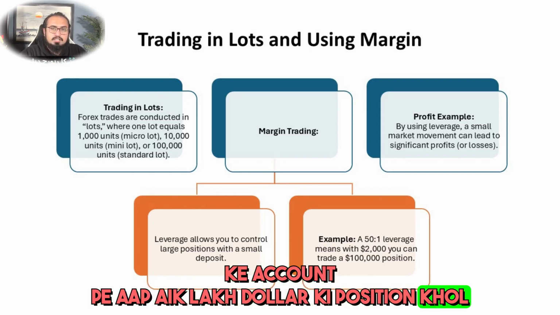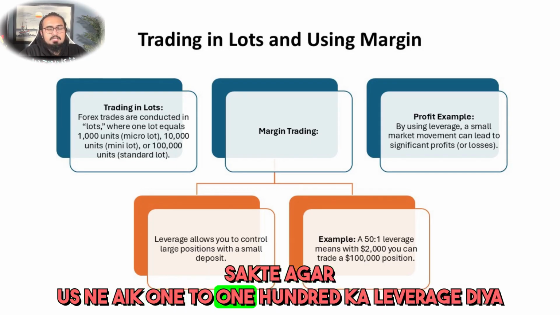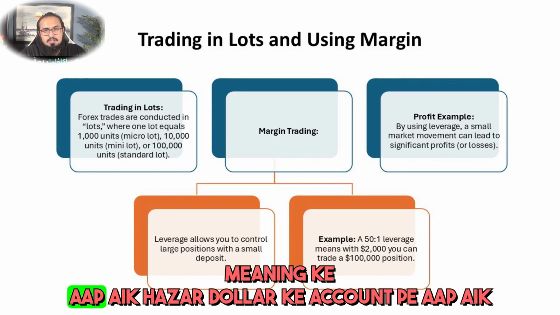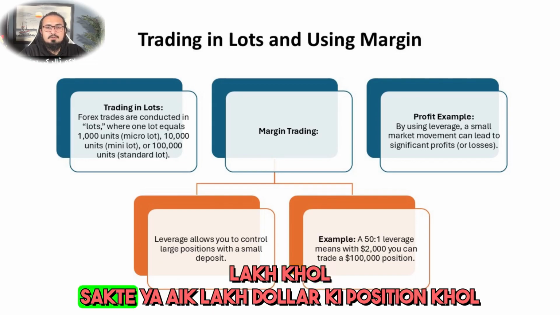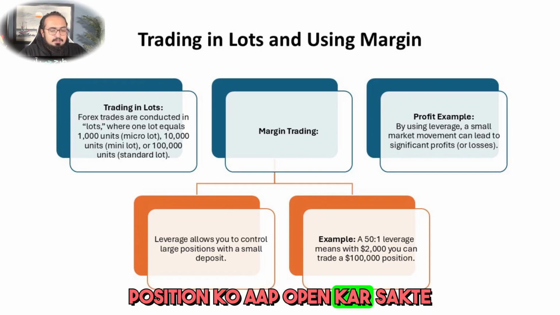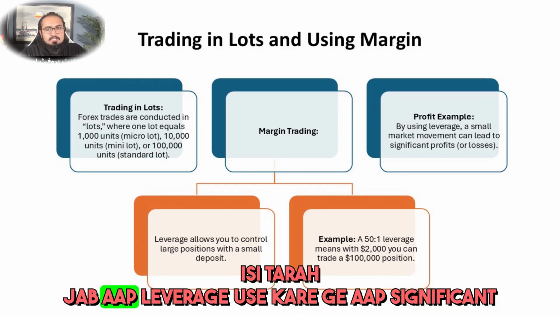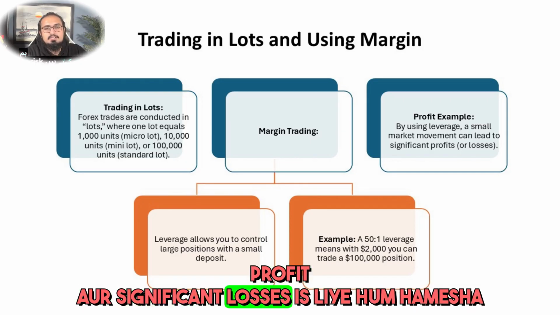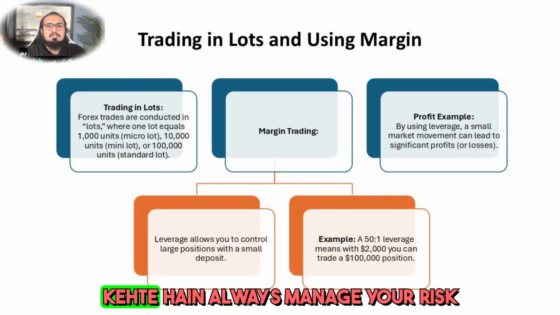If it gives leverage of 1:100, you can open a position of $100,000 on a $1,000 account. Similarly, when you do that, you will get significant profit and significant loss. That's why it's always said, always manage your risk.